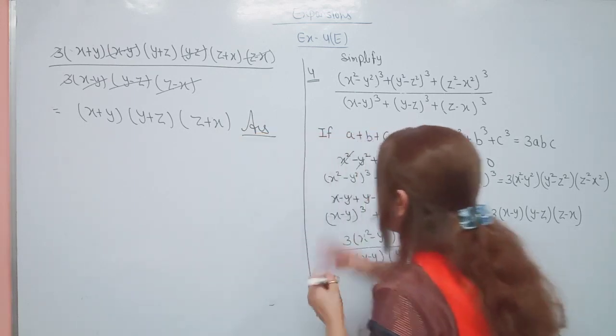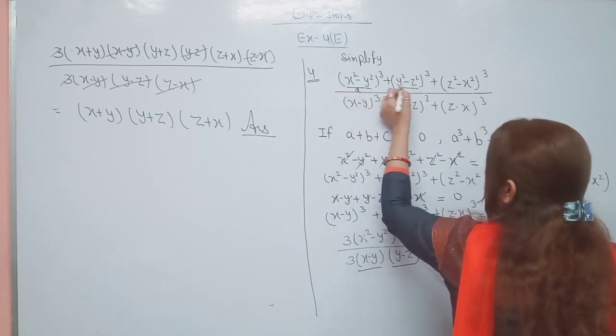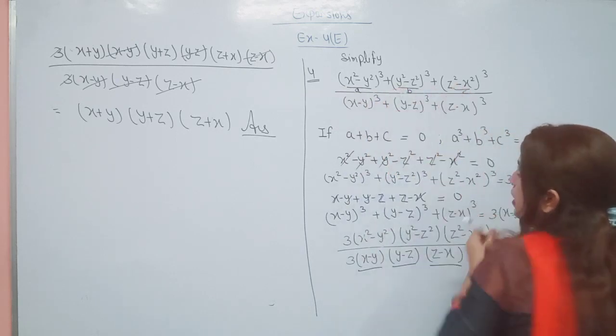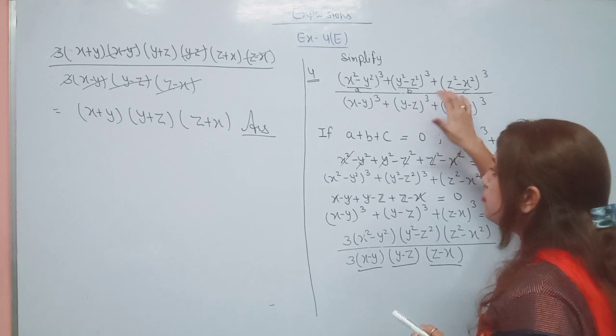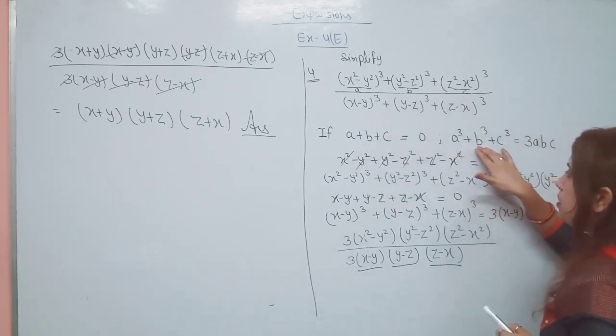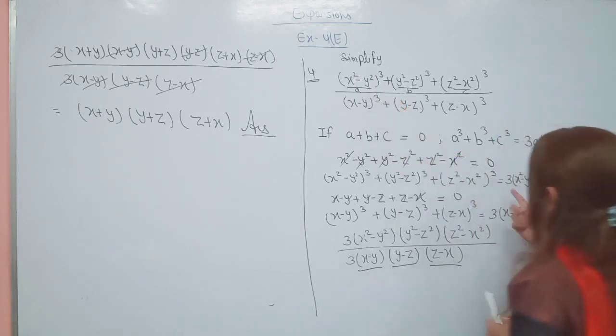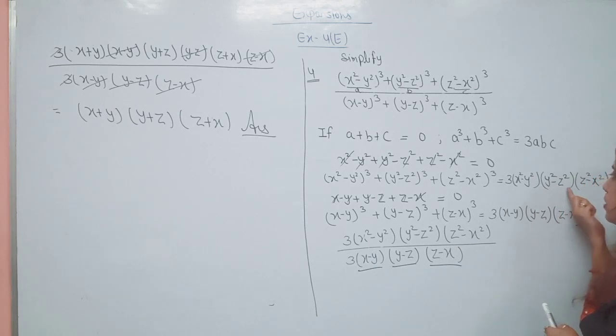First we find the sum of a, b, c. This whole term is a, this is b, this is c. a³ + b³ + c³: if the sum is 0, then we directly apply the identity a³ + b³ + c³ is equal to 3abc. Here a is x² − y², y² − z², z² − x².